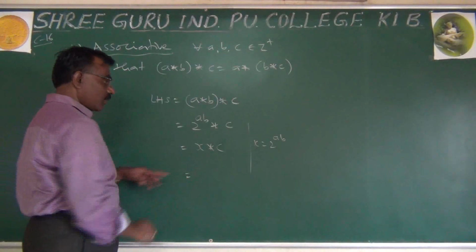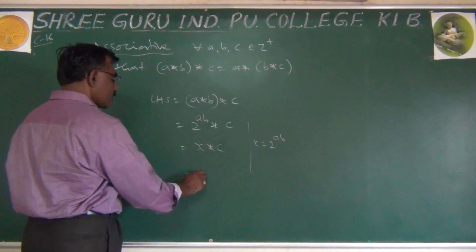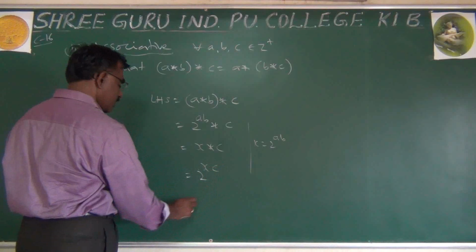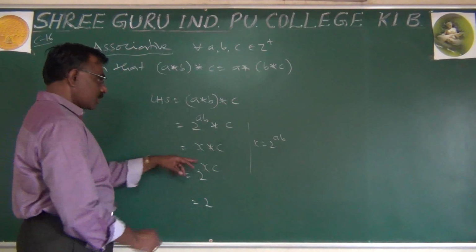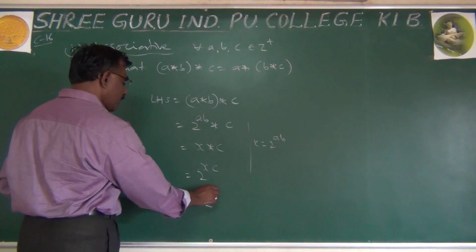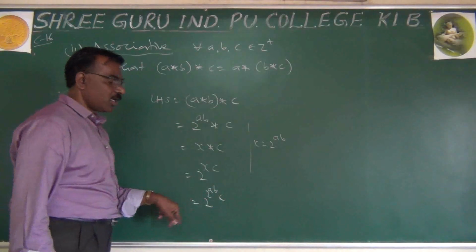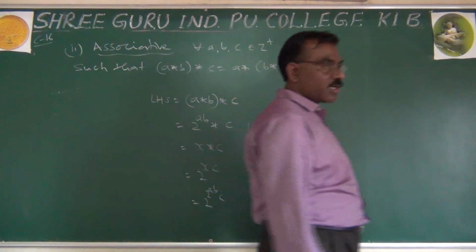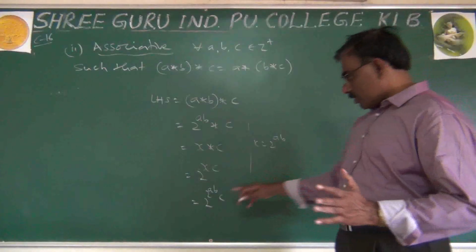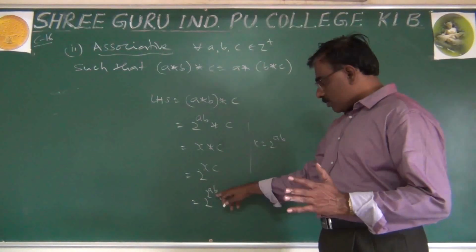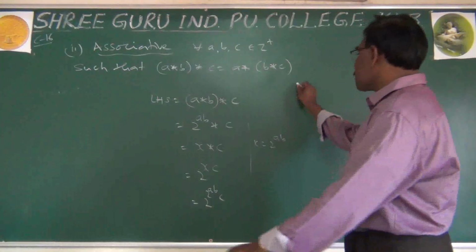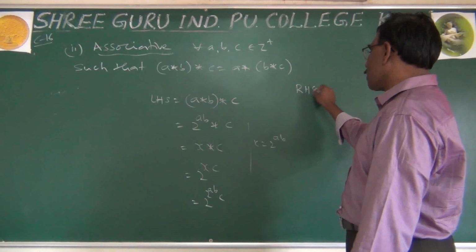So 2 to the power X into C, that is 2 to the power AB into C. This is the LHS: 2 to the power 2 raised to AB, into C.